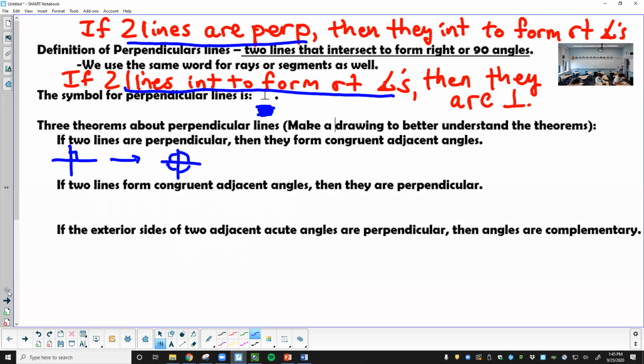Next one, if two lines form congruent adjacent angles. So we're given this. Right, we have two angles and they form congruent adjacent angles. We can conclude what about them? They must be perpendicular.